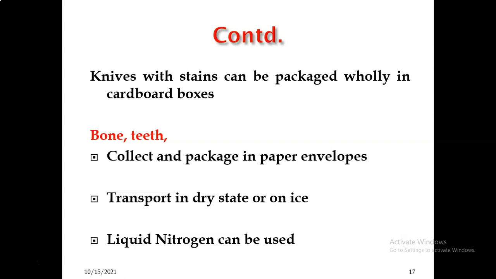Now let's move on to the second type of exhibit or sample that we can come across. These are hard tissues, bone, teeth. How do we collect, package, and transport them? We say collect and package once again in paper envelopes.